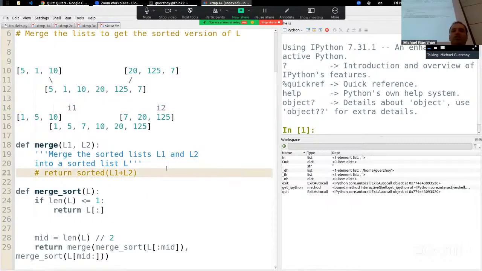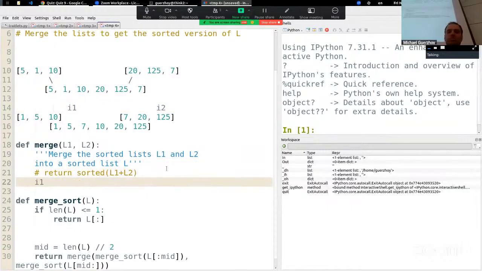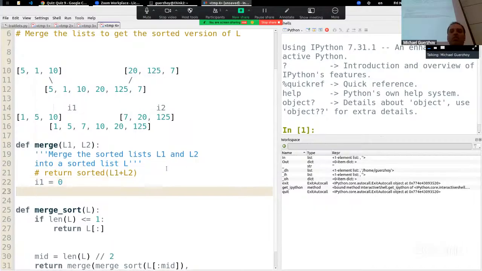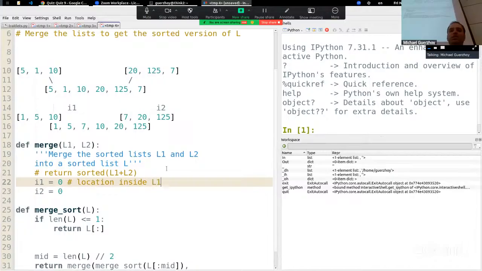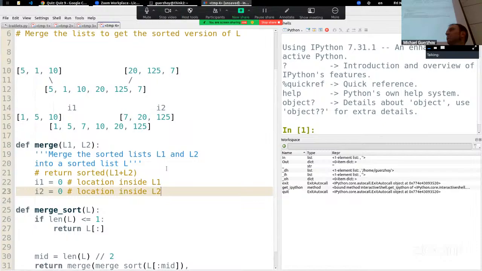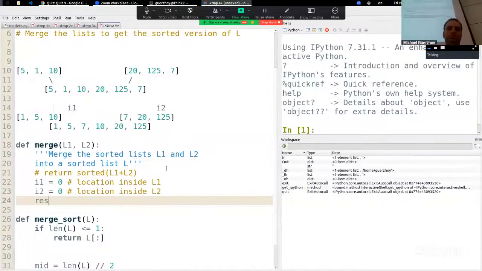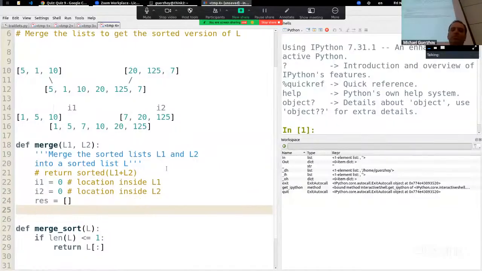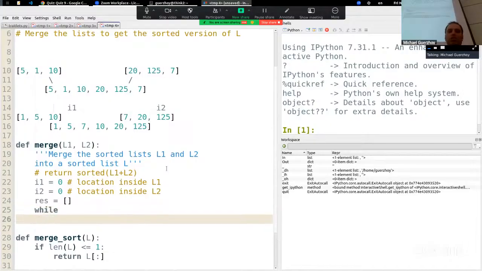So, okay, that's what I'll do. Initially I1 is 0 and I2 is 0. So this is the location inside L1, and this is the location inside L2. Right? And I'll just keep going through the two halves that I broke off and merging them. So I'll put in my condition later.